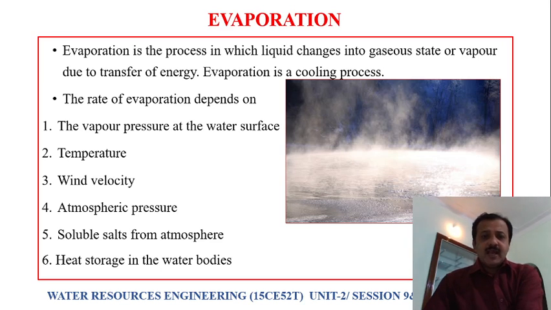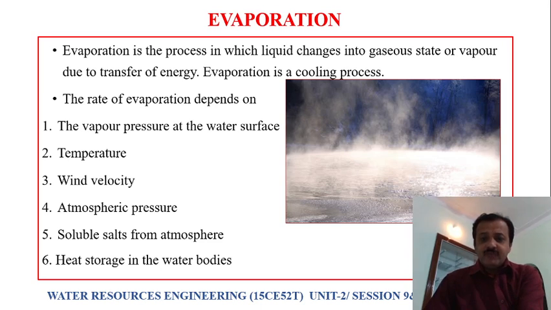Okay, let us have a recap of the various losses. One is evaporation. As I mentioned, because of the temperature and sunshine, there is a chance of water particles escaping from the water surface. The water gets evaporated, vapors will be formed, right?